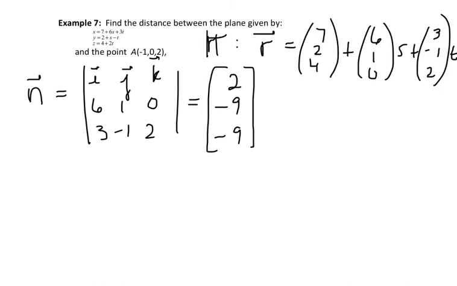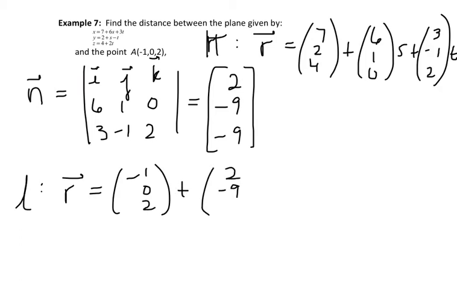Okay, so I got that the normal is going to be 2, negative 9, negative 9. And we're going through this point here. So that tells me the direction of the line that goes through my point and the plane and is going to be perpendicular to the plane. So the equation of my line is going to be any given point on the line, plus lambda times 2, negative 9, negative 9.